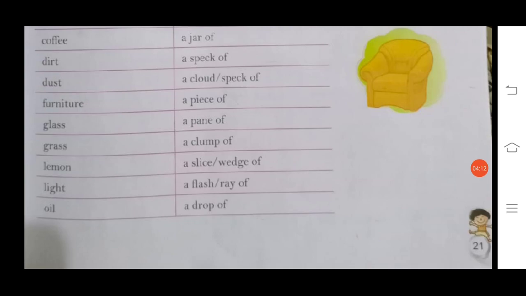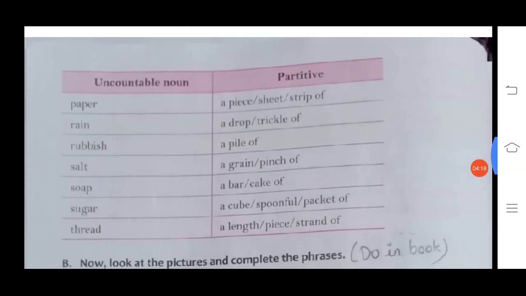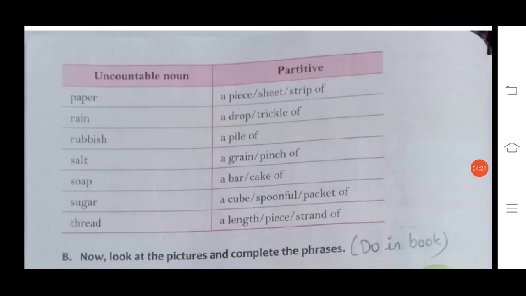A flash of light, a ray of light, a drop of oil. Then a piece of paper, a sheet of paper, a strip of paper.